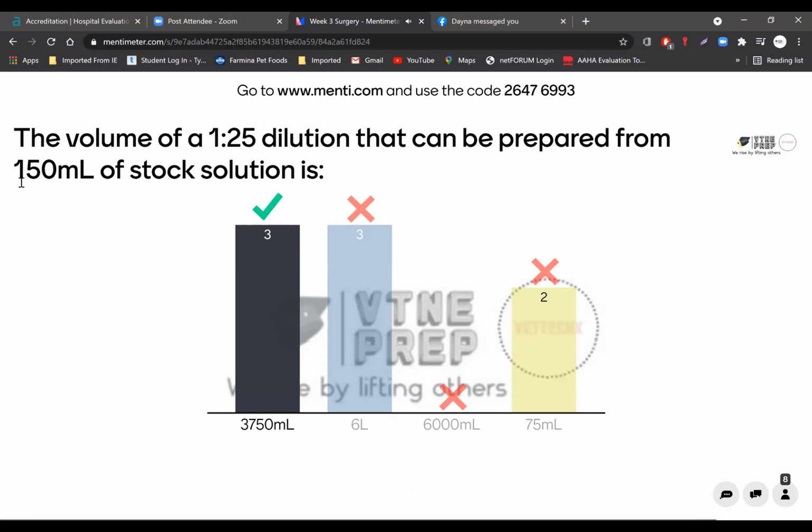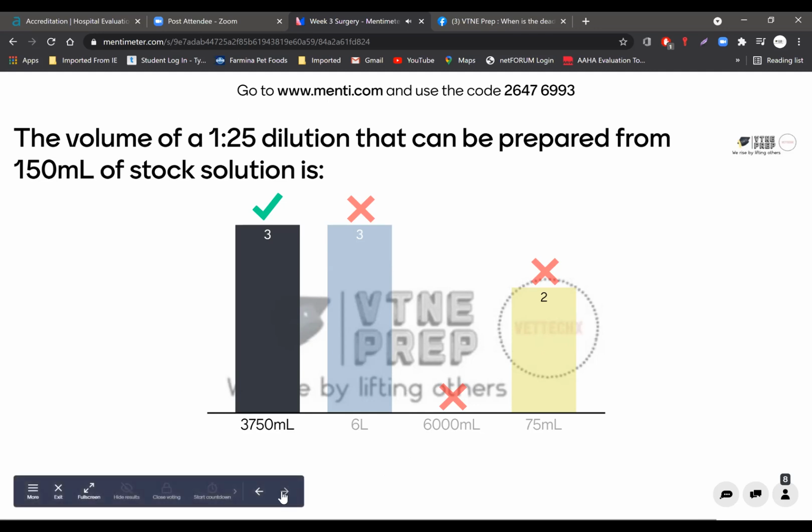Good. So we essentially take 150 mils and multiply that by 25 and we get 3,750. Because our one part is that 150, and then the 25 is going to be the diluted part.